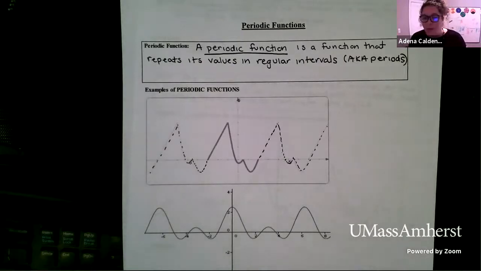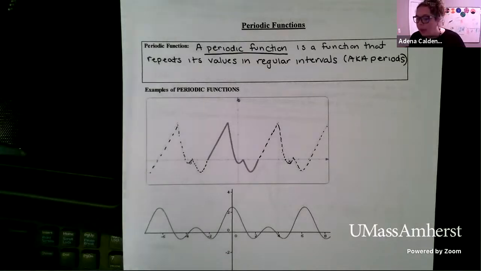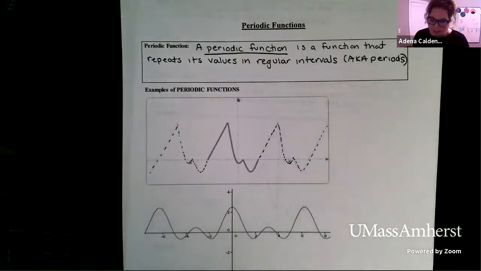This is really helpful in math because a periodic function helps us predict what will happen in future instances. From the repetitive nature, we know the same things will occur again and again, so we can predict what will happen later in time.